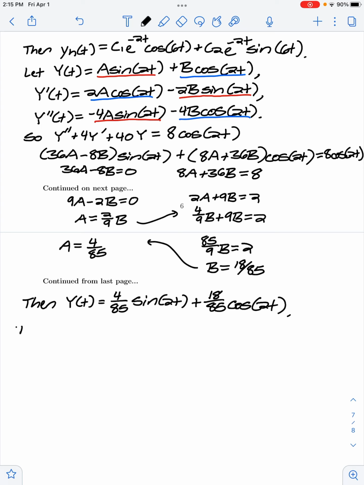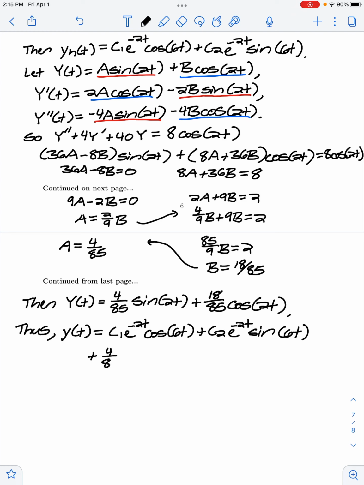And so our general solution, y of t, would be the sum of our homogeneous solution, which was c1 e to the negative 2t cosine of 6t, plus c2 e to the negative 2t sine of 6t, plus my particular solution, which was 4 over 85 sine of 2t, plus 18 over 85 cosine of 2t.